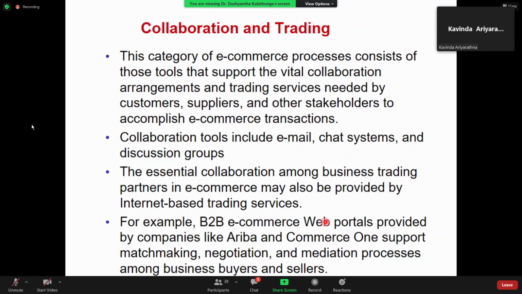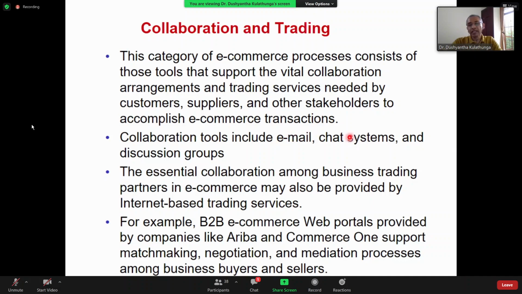Is this relevant to building good relationships with the stakeholders, these collaborating and trading systems? Yes. These tools, which are embedded into an overall e-commerce system, will help us to build good relationships with our trading partners and have close communications with them.